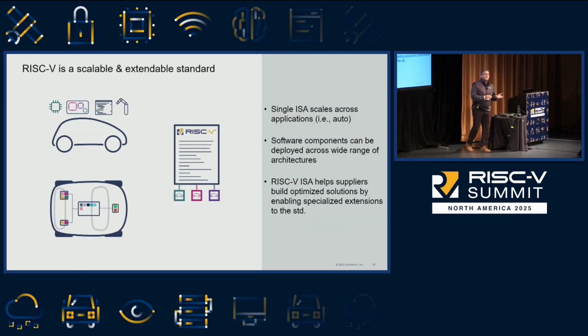So one thing that's nice about RISC-V as a standard is that it's very scalable. It can scale across a lot of different applications, whether you're talking about small microcontrollers for body electronics up to a full-blown multi-processor ADAS system that you would see, for instance, in a zonal controller as vehicle architectures emerge. And the nice thing about that is that software components can be redeployed.